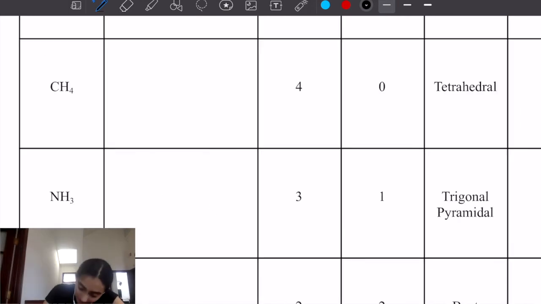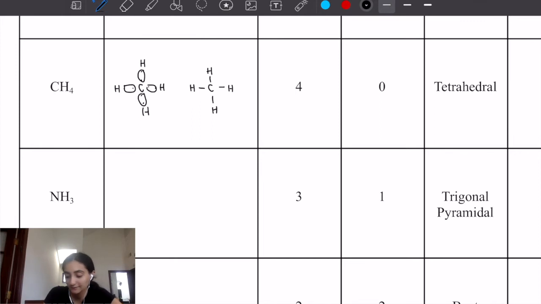Next, we have CH4. So I'm going to draw the VSEPR diagram. A single bond between each carbon and hydrogen to make a final Lewis structure that looks like this. Okay, so this one has 4 atoms bonded to the central atom, and the central atom has no lone pairs.